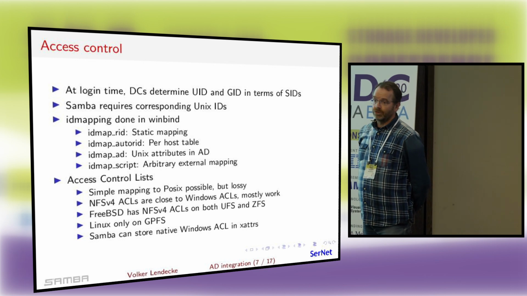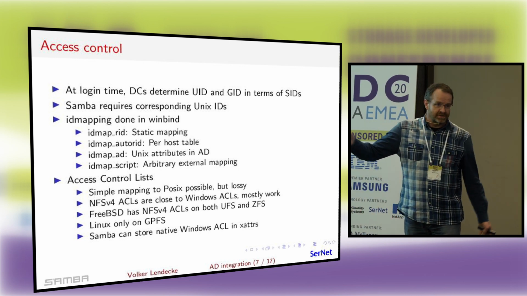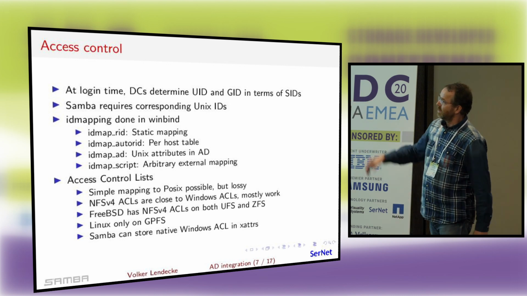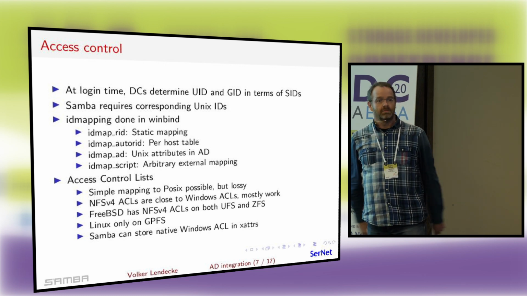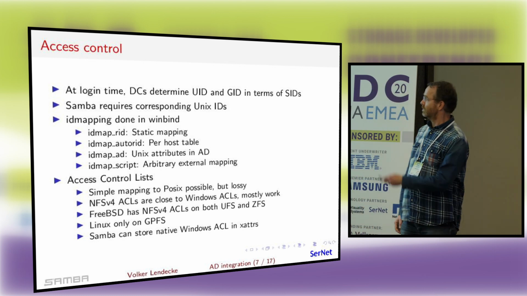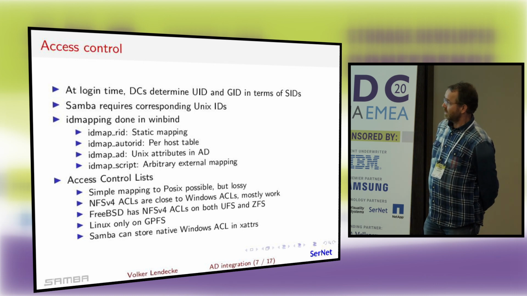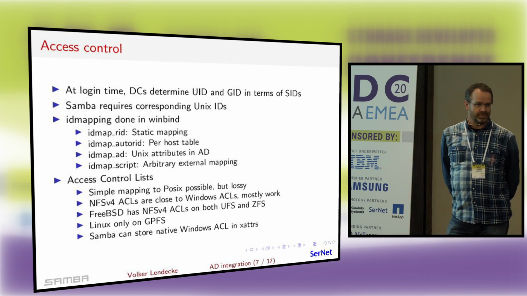It's possible, and for read-only shares, for whatever, if you have to just export scientific data, you don't really care possibly. You can do that. But if you want to be a good Windows file server equivalent, you have to do NFSv4 ACLs. FreeBSD has them. Linux has them only on the proprietary file system GPFS.